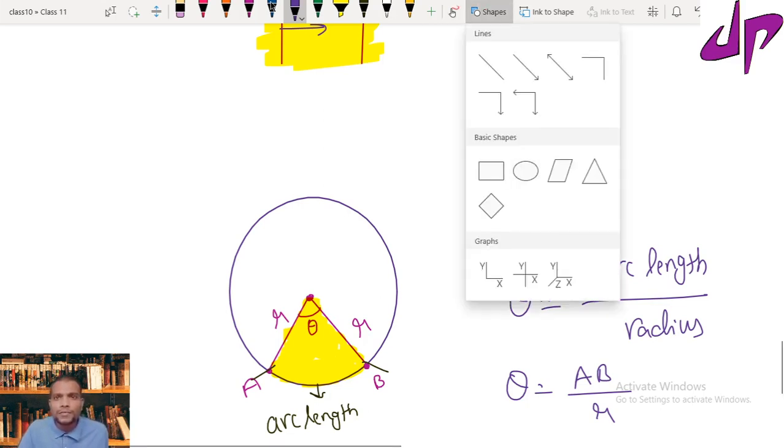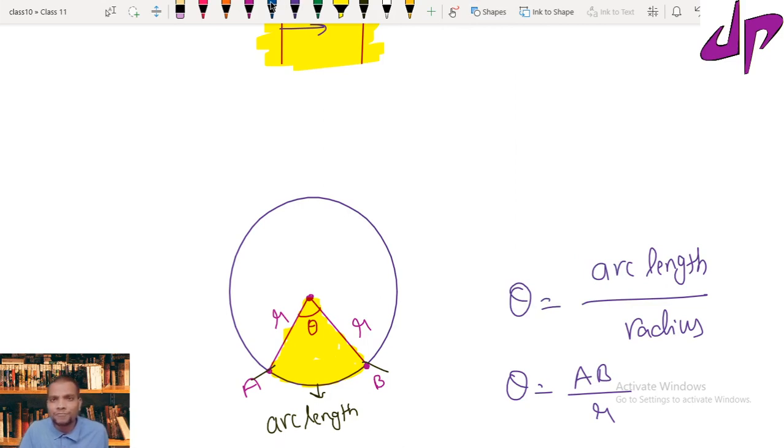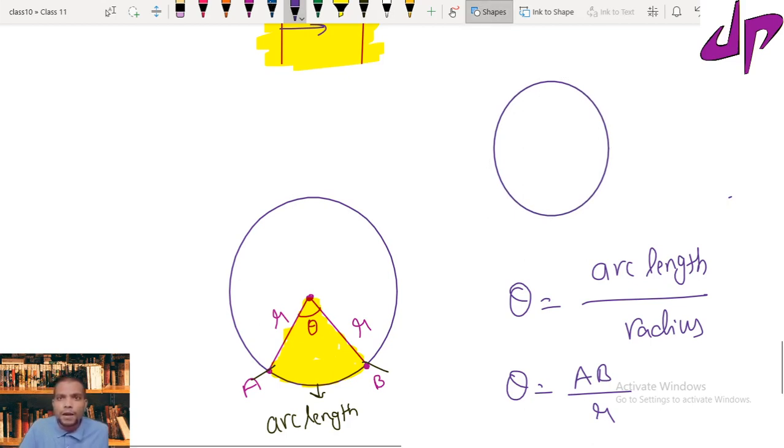Now this we can see in a different way. Suppose we draw a circle here, the same way, and we want to measure the angle from here to here. I would like to take a known angle, so here I can take 90 degrees itself.